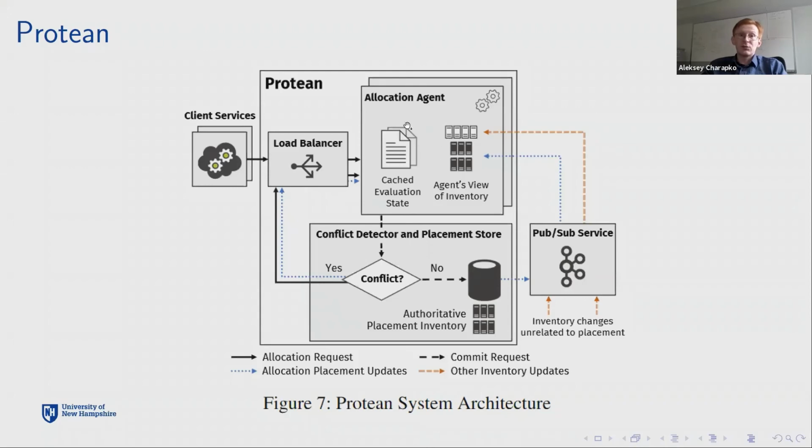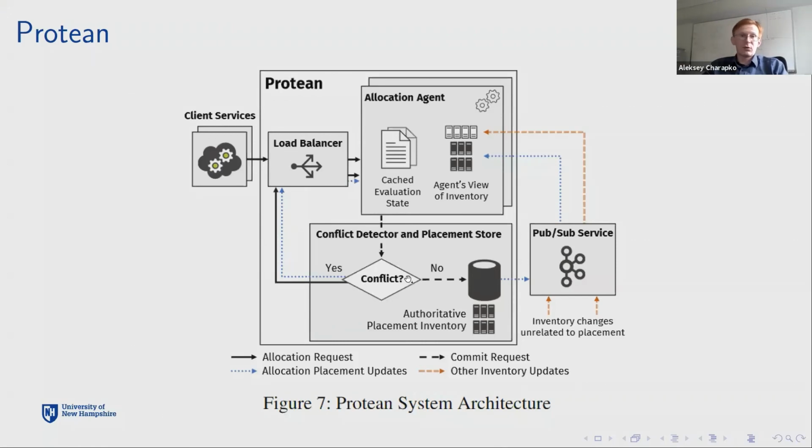The allocation agent will likely use cache to compute the set of machines that are good enough, pick one, and try to write it into the placement store. The placement store will see if this is a conflict or not. If it's a conflict that it cannot resolve, essentially it retries. And the paper says that they can retry up to 10 times. But in practice, they rarely do more than 3.